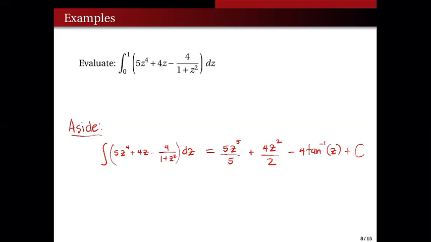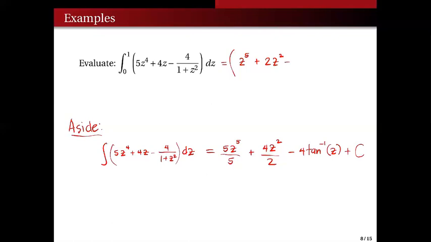So this guy here is now equal to 5z to the 5 over 5. Let's just write it as z to the 5, plus 4z squared over 2. Let's just write it as 2z squared.